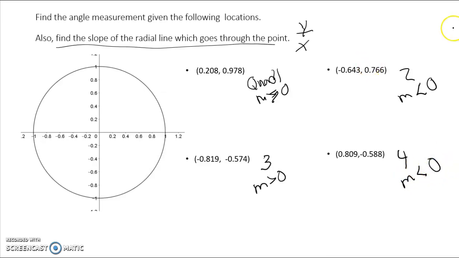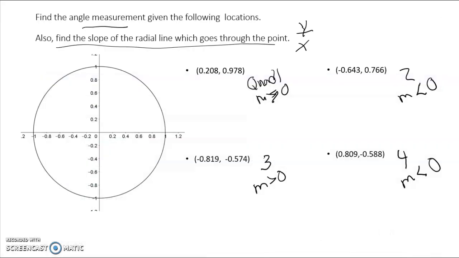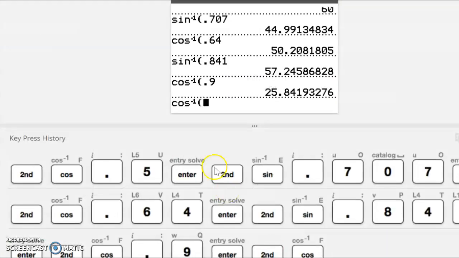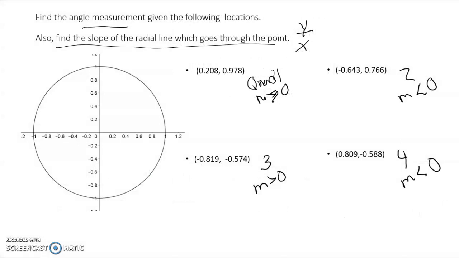To find the angle measure at each of these, we can take either one. We'll just do a couple of them. In quad 1, if we take the cosine inverse of 0.208, we get 78 degrees.